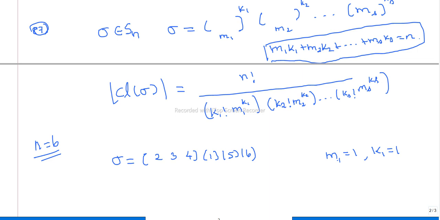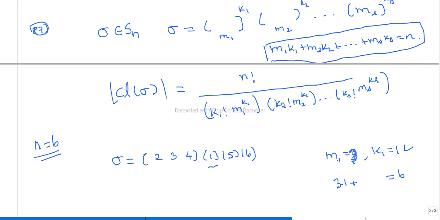Here m1 is 3, a 3-cycle, repeated only 1 time. So the product is 3 into 1, which is 3, and we have 3 more from the 1-cycles.